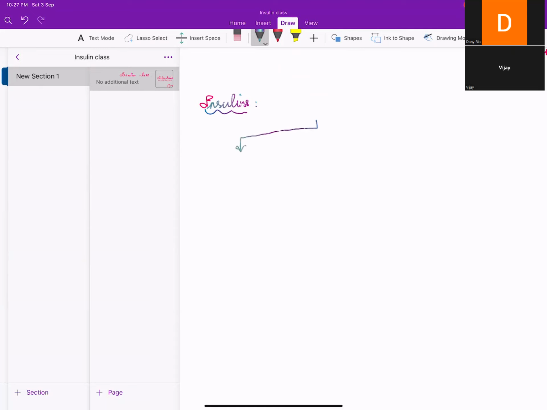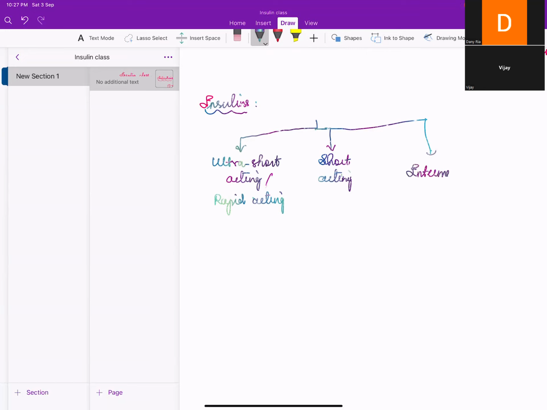Ultra short acting, which is also called rapid acting insulin. Next comes short acting insulin. Next comes intermediate acting insulin.